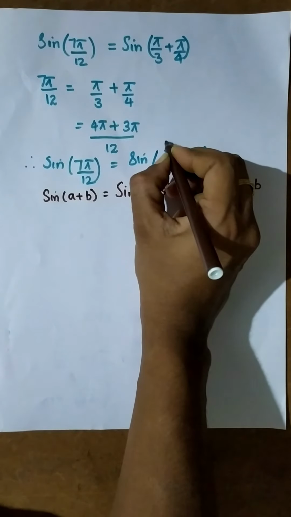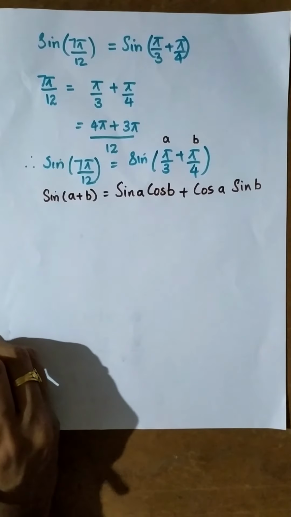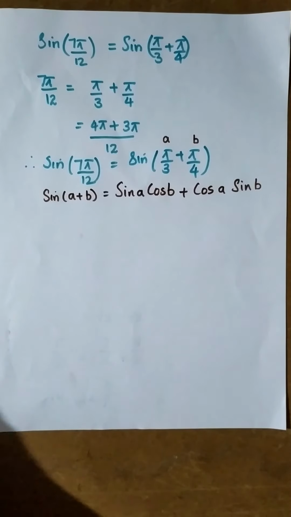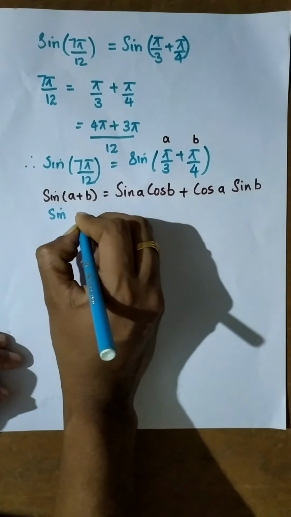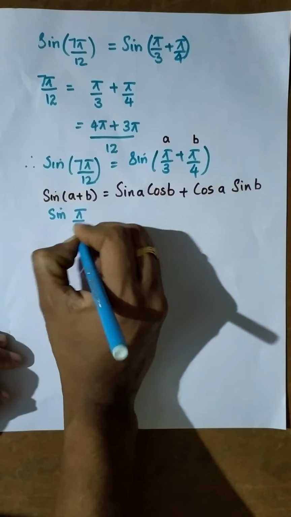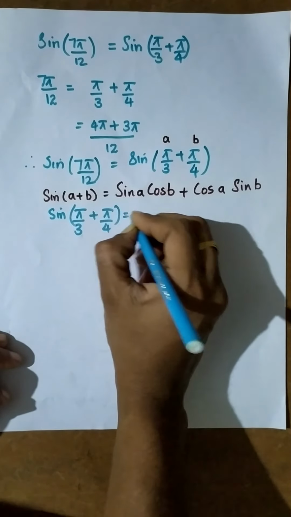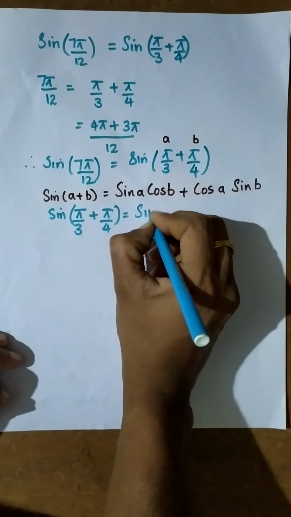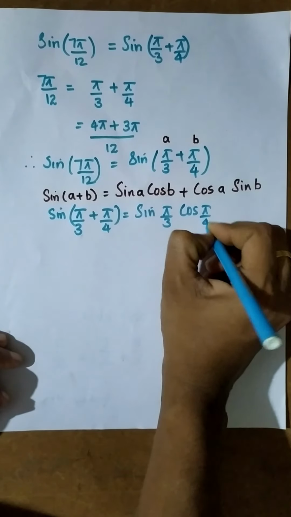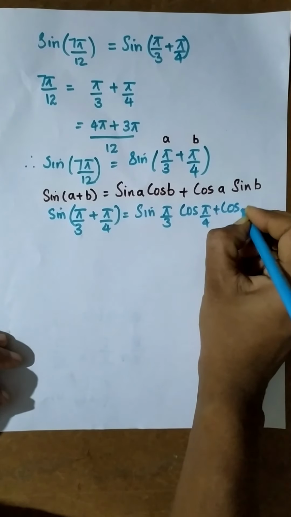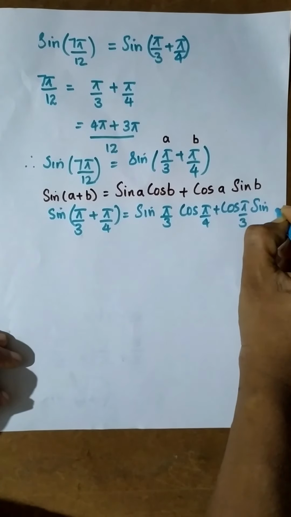Now we have to apply this in that. So A takes the value pi over 3 and B pi over 4. So sine of pi over 3 plus pi over 4 is equal to sine pi over 3 cos pi over 4 plus cos pi over 3 sine pi over 4.